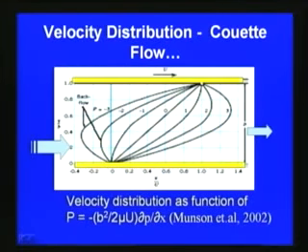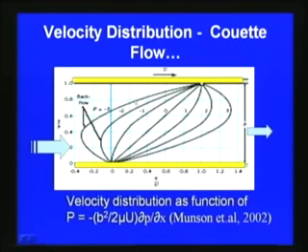As far as the velocity distribution for Couette flow is concerned, if we plot it, you can see that the lower plate is fixed, the upper plate is moving with a velocity capital U, and the flow is in this direction. We can plot the velocity distribution of the flow between these two plates for various values of a parameter p, which we define as minus b square by 2 mu dp by dx, where b is the distance between the two plates.